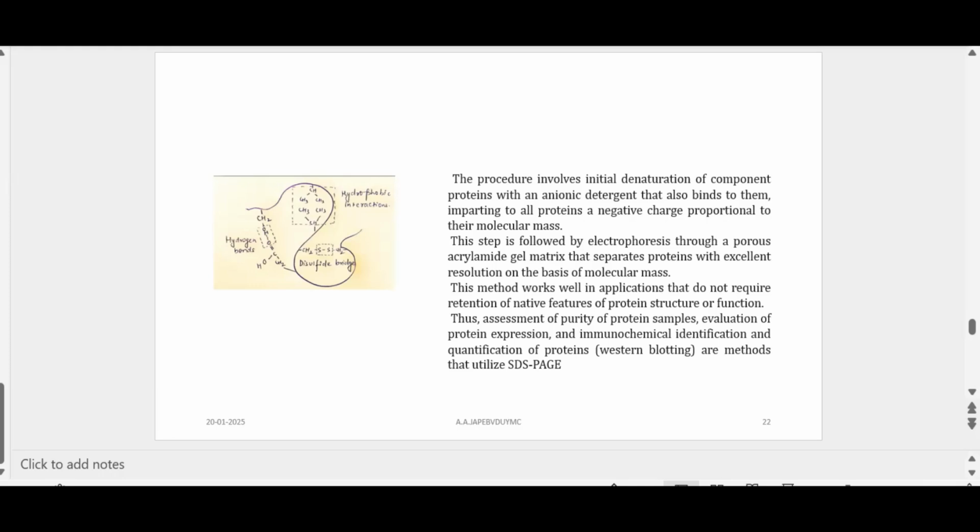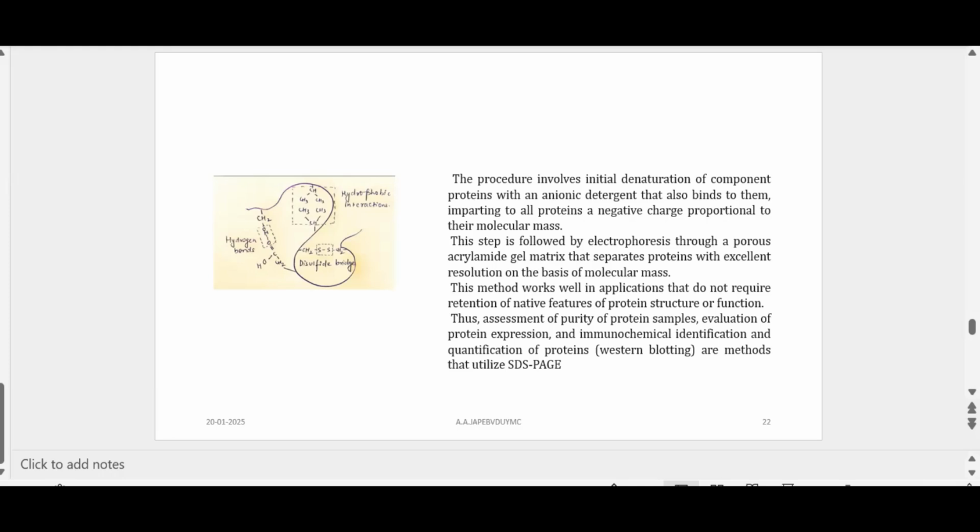DTT is added, agitated at 37 degrees for various times, and after 5 days without DTT, oligomer ladders are observed, right? Of course this protocol you need not remember. It is just to make you understand the concept of how oligomeric proteins would get separated using SDS-PAGE. Fine. And that is how you can have monomers to higher oligomers separated.